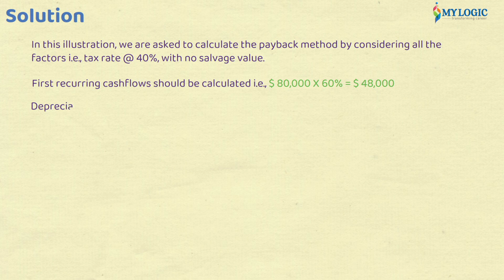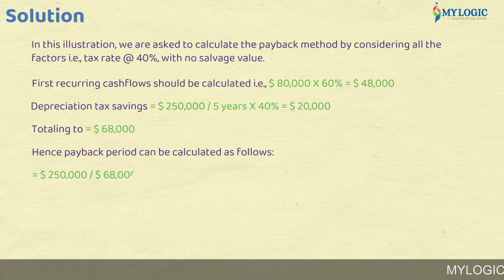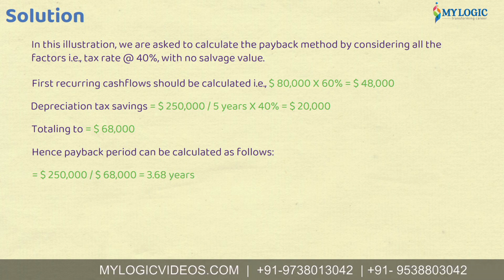Depreciation tax savings is equal to $250,000 divided by 5 years multiplied by 40%, which is equal to $20,000. Totaling is equal to $68,000. Hence, the payback period can be calculated as follows: $250,000 divided by $68,000 is equal to 3.68 years.